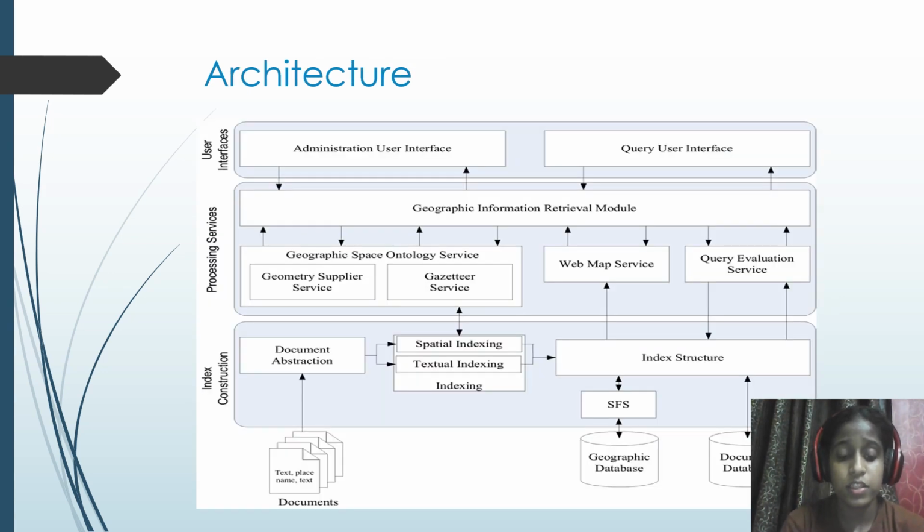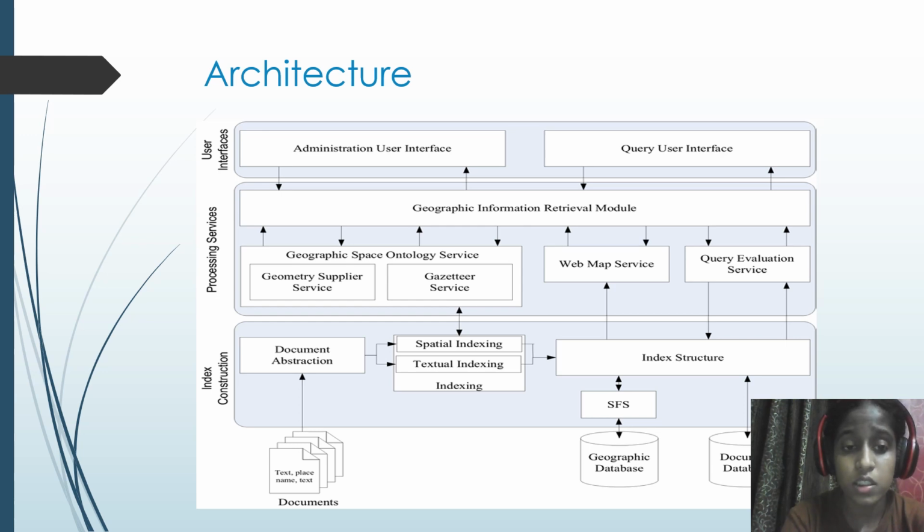Now, let's study the architecture of GIR system. In the slide given, first, the bottom part of this architecture is the index construction workflow, which consists of three modules, that is document abstraction module, the index structure, and the index construction module.